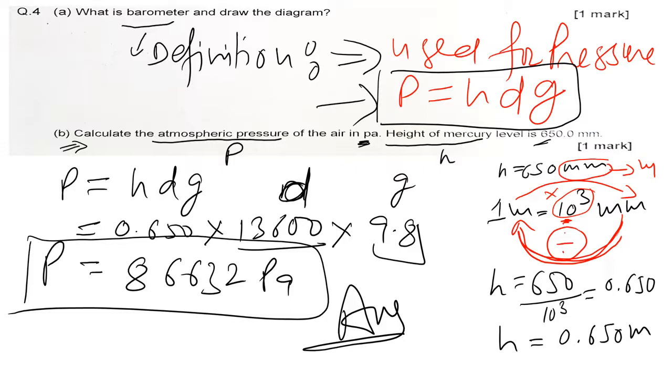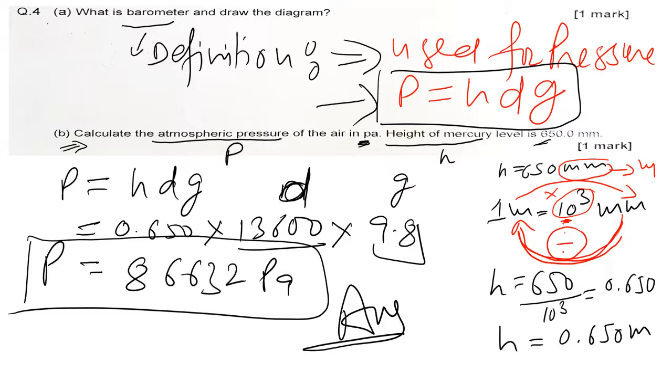The height is 650, so you have to divide this number by 10 to the power 3, so it will be 0.650, and this height in meter is 0.650 meter.